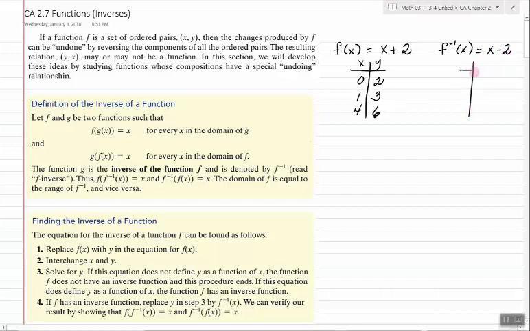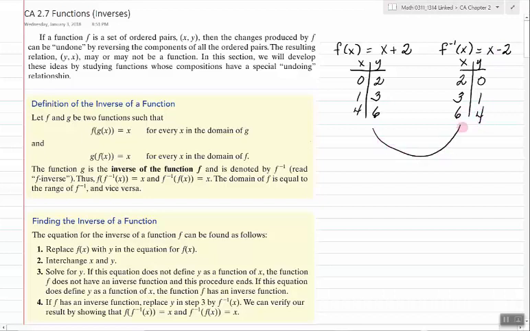What that means is, if I just pick a number for x, let's say I pick 2 and I plug it in, 2 minus 2 is 0. I'm just going to pick another value for x, 3. 3 minus 2 is 1. Pick another value, 6. 6 minus 2 is 4.